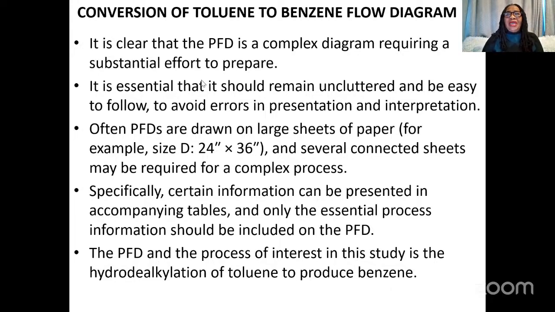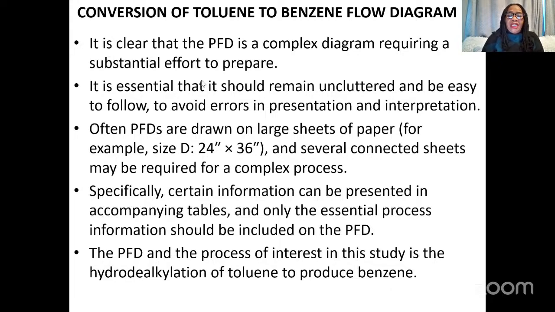So you might have other sheets that carry other information that are not placed on the main PFD paper. Specifically, certain information can be presented in accompanying tables, and only the essential process information should be included on the main PFD paper.